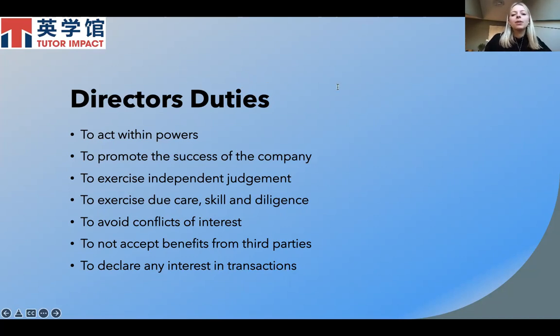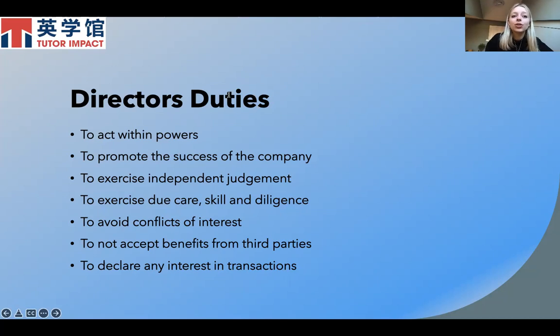Whereas the subjective element of this takes into account what that director actually does, his experience, his role, and whether that director acted diligently as a person with his general knowledge, skill, and experience does. So they have to exercise due care, skill, and diligence as they are carrying out their duties.